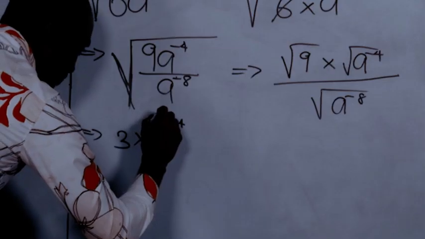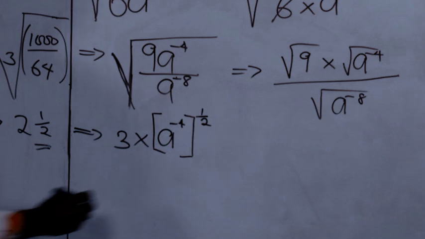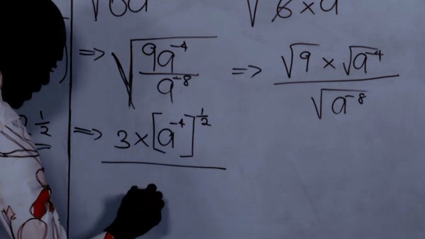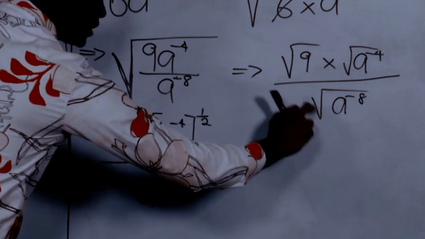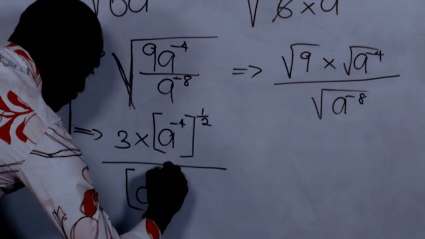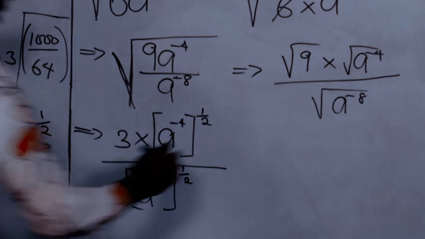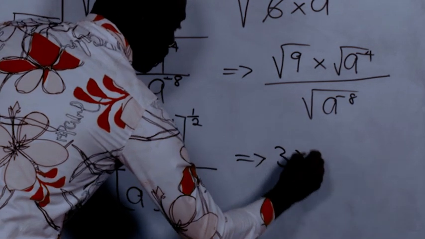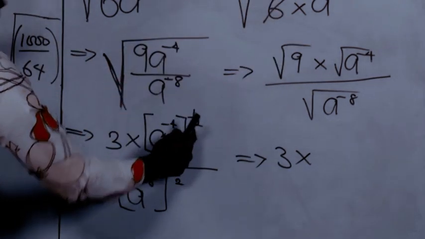Likewise, we have a raised to power minus 8, and converting this square root to indices, we have 1 over 2. Now this implies we have 3 multiplied by a raised to power minus 4 raised to power of 1 over 2.